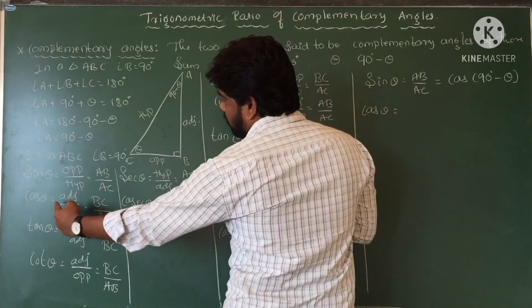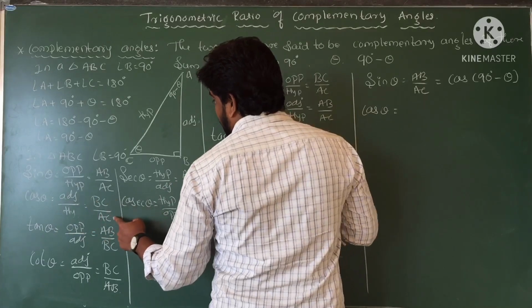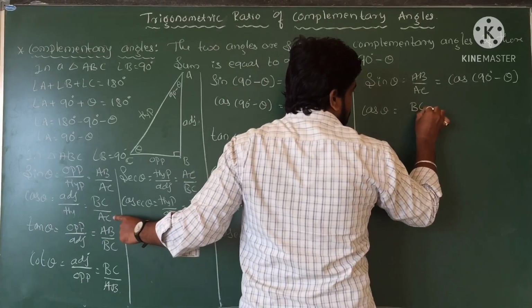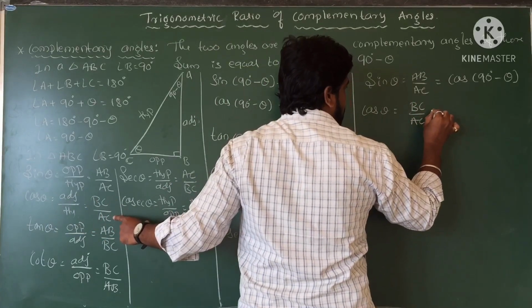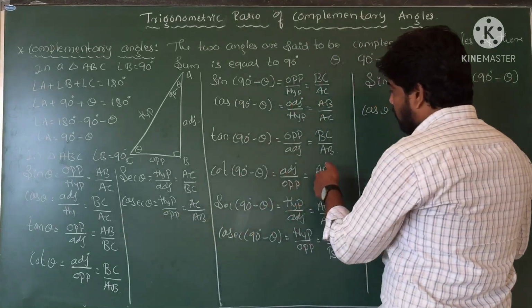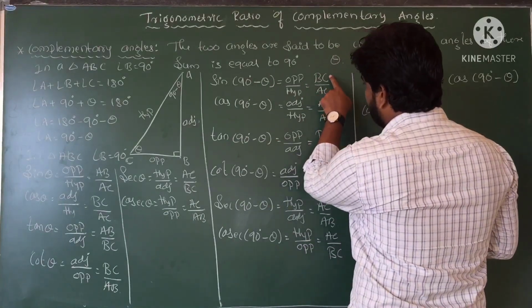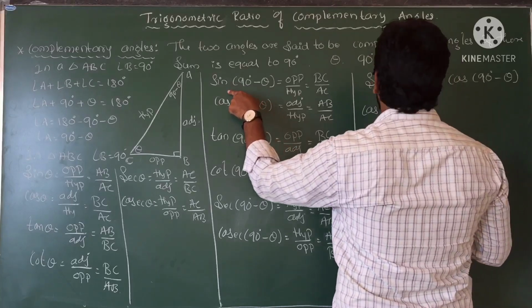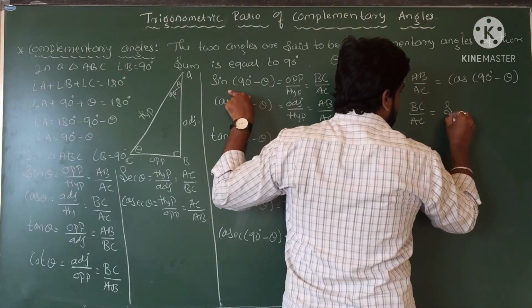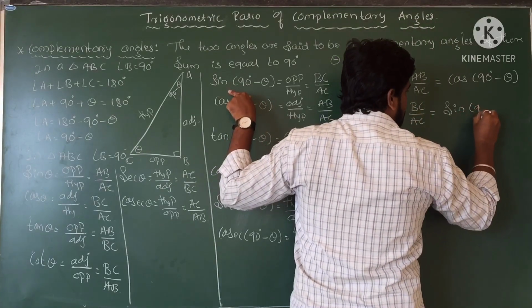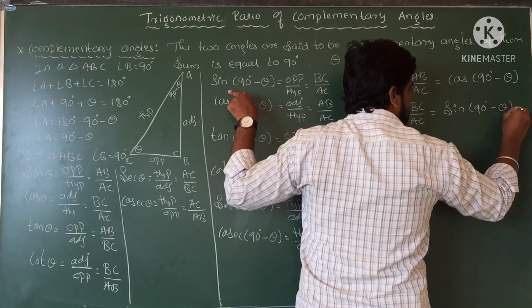See here, cos theta is BC by AC. BC by AC is sin 90 minus theta. So we can write here sin 90 minus theta.